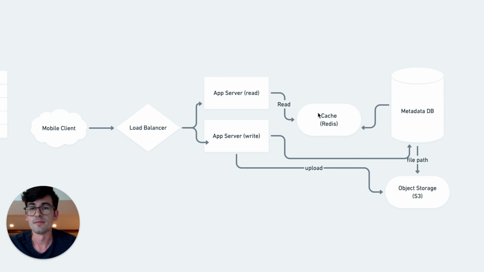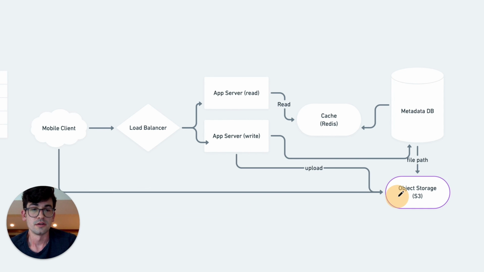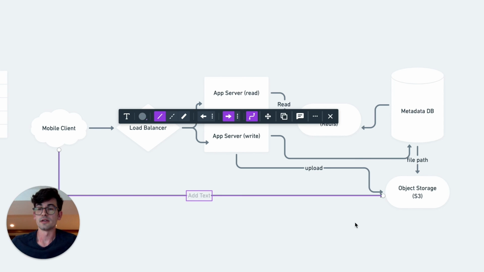That response would come all the way back through, get returned to the mobile client, and would then include the path to the image that needs to be loaded. That request would probably be fired off separately and would be loaded in a separate request from our distributed file system.